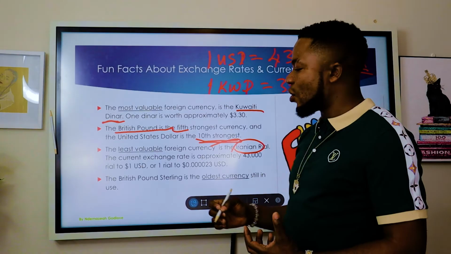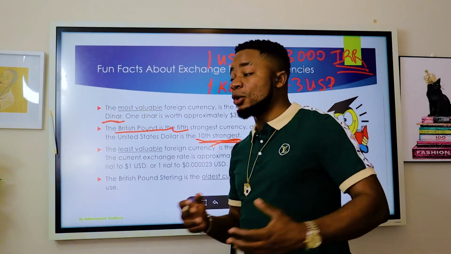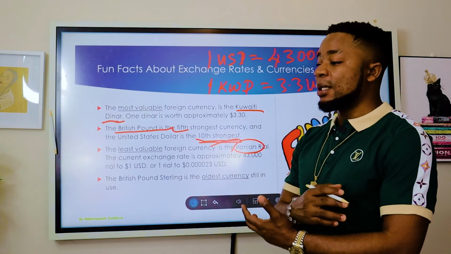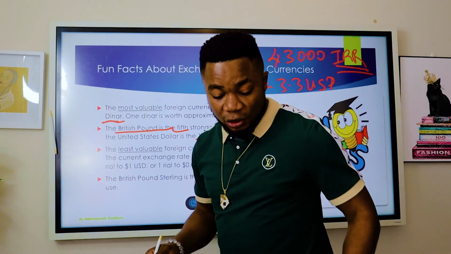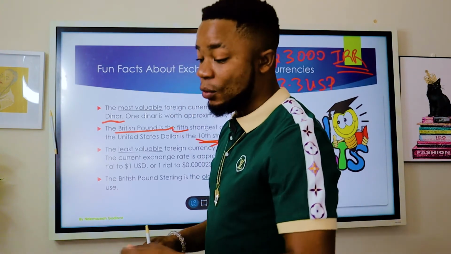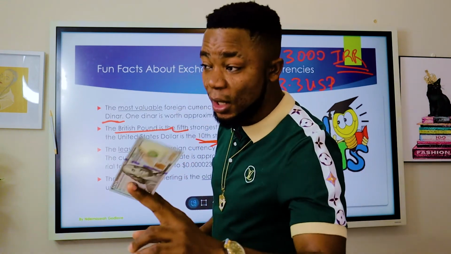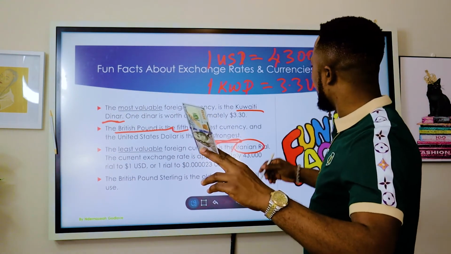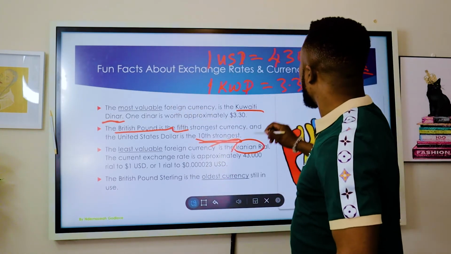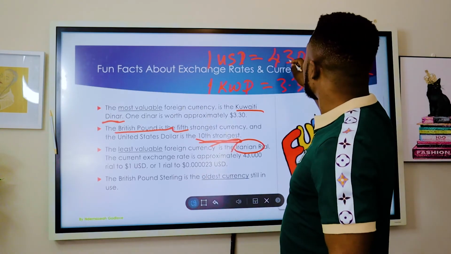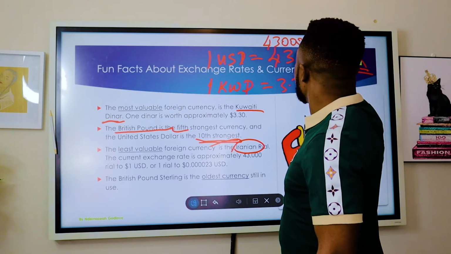With some of these currencies, the exchange rate is so weak, it is insignificant. So let's just assume I go to Iran with my $100. If I exchange it to Iranian rial, you have to multiply this by 100, so I'll be having 4.3 million.